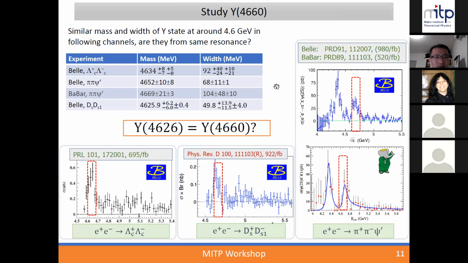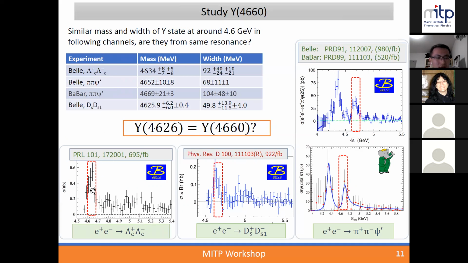And then in slide number 11, some further study on the Y(4660) state. So we can see that there are some Y states observed in several different final states, and these Y states have very similar mass and widths.